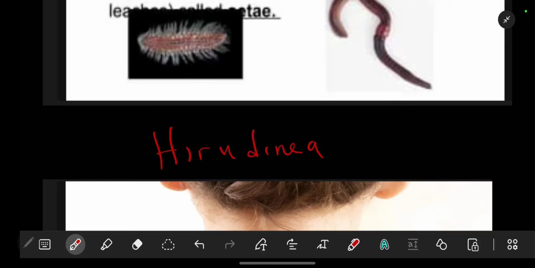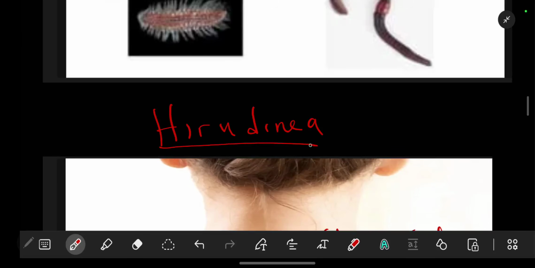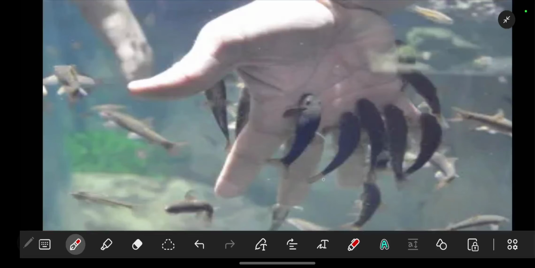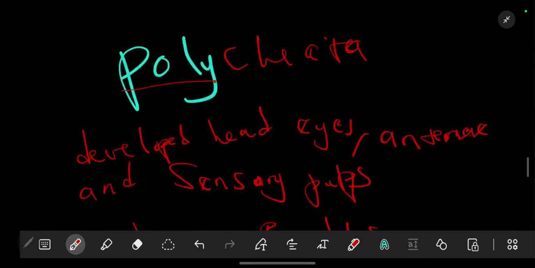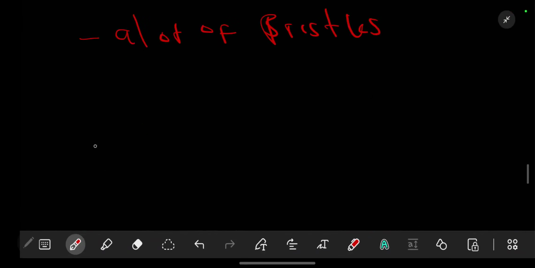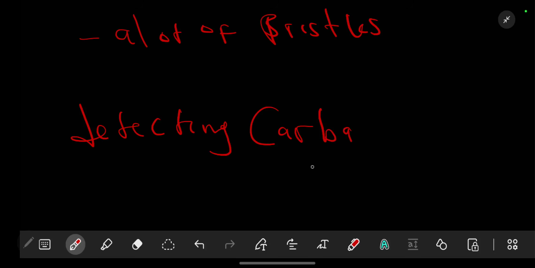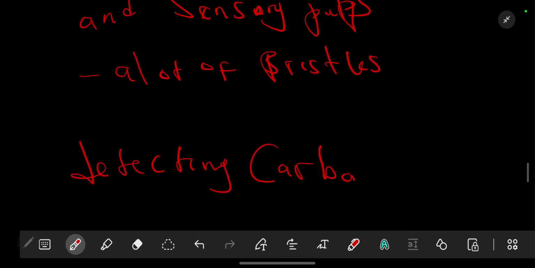So now we are going to look at how they locate their prey. As you can see, we have leeches there. How they locate their prey is a very important question. They track their prey by detecting the carbon dioxide gradient.